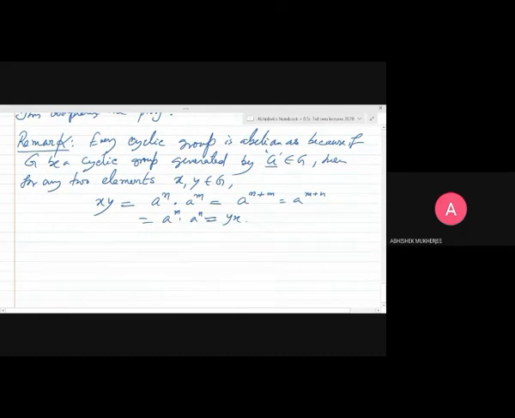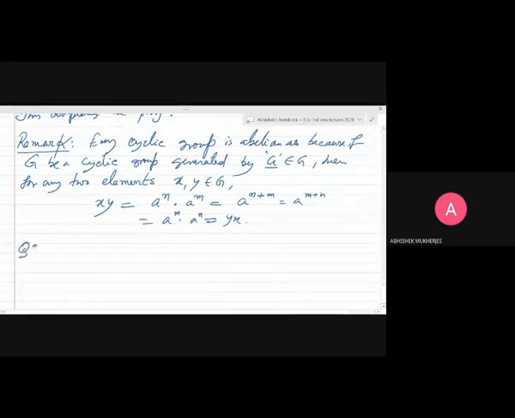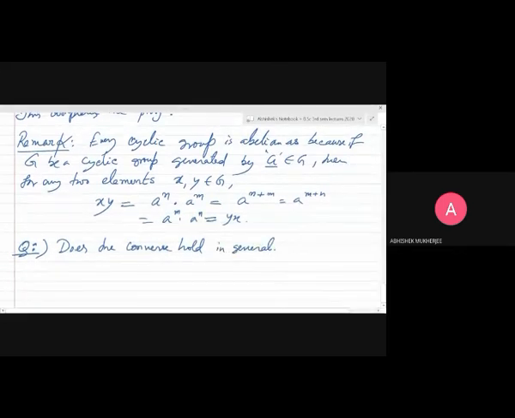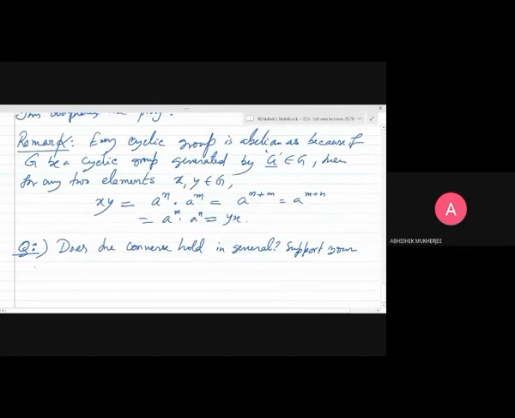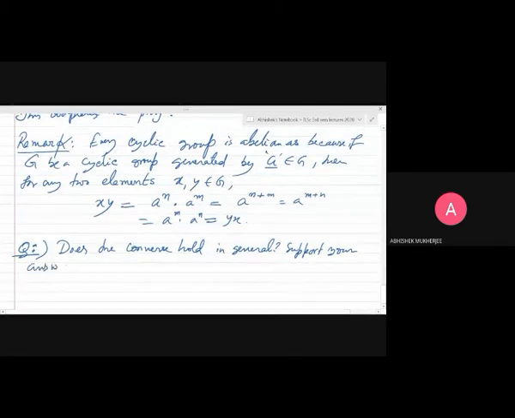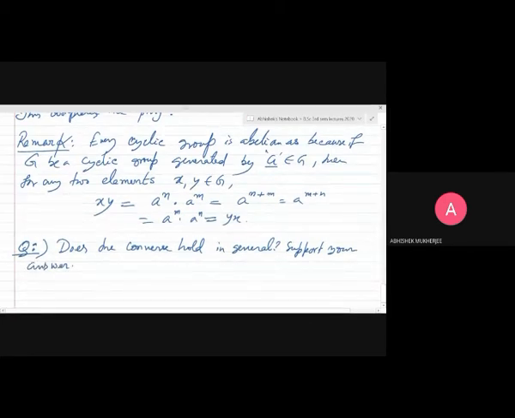But the question is: does the converse hold in general? Support your answer. It is your task to provide one example which does not satisfy the converse part of the above result.